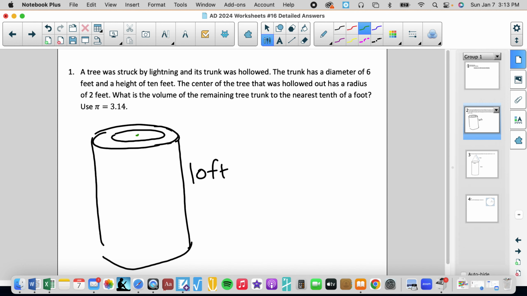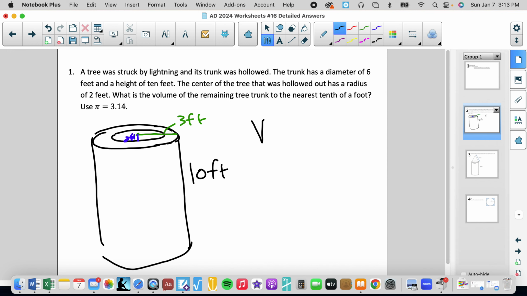So we know that this distance is 3 feet out to the edge of the tree, and then to the inside of the tree is going to be 2 feet. So that distance is 1, but that's not how we find the volume, because the volume is going to be on that outside. So we're going to find 2 volumes.